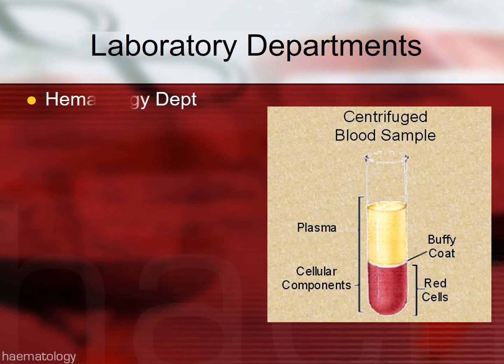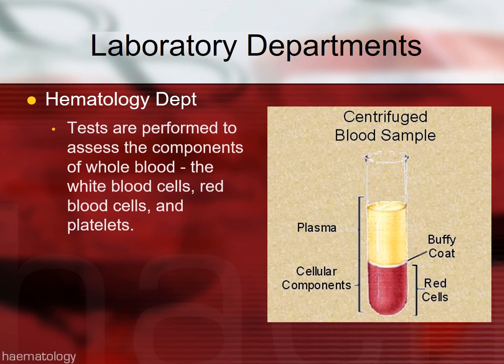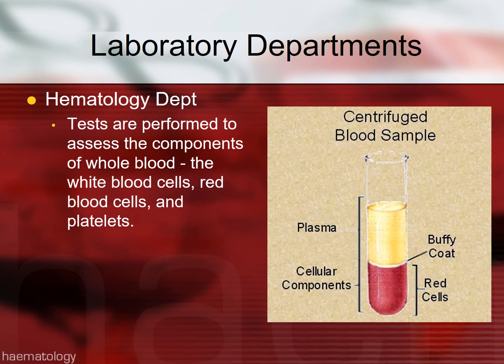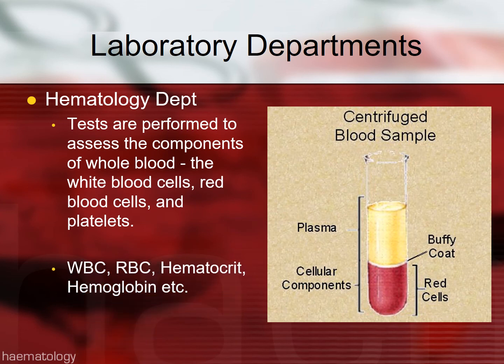For example, let's look at the hematology department. Tests are performed to assess the components of whole blood: the white blood cells, red blood cells, and of course platelets. WBCs, which are white blood cells, RBCs, which are red blood cells, hematocrit, hemoglobin, etc. So hematology is known to run what we might call a CBC, a complete blood count, in which they can break down from a cellular level the components of blood.